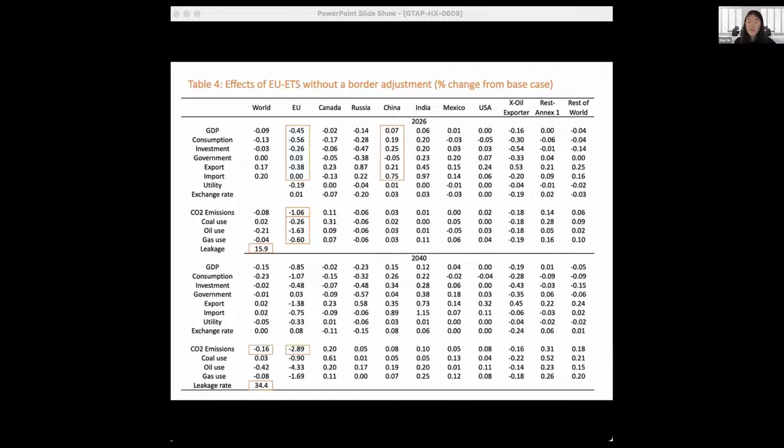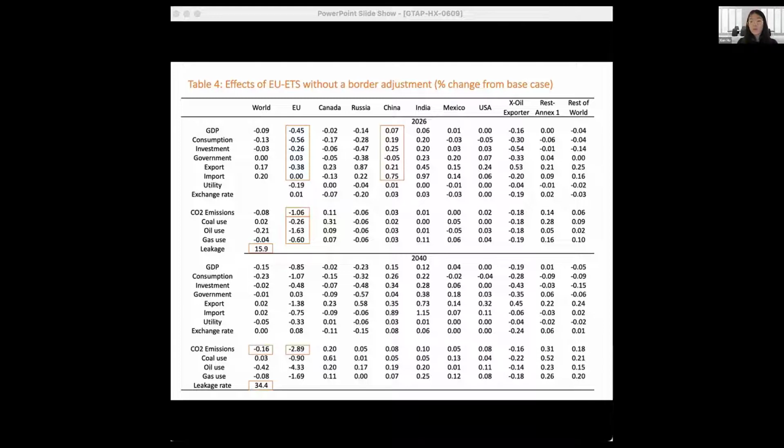And in the EU, the CO2 emission in 2040 is 2.9% lower than the base case, but the emissions rise in all other countries of the world, except the oil exporters.